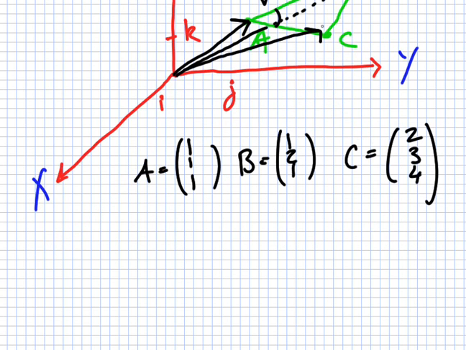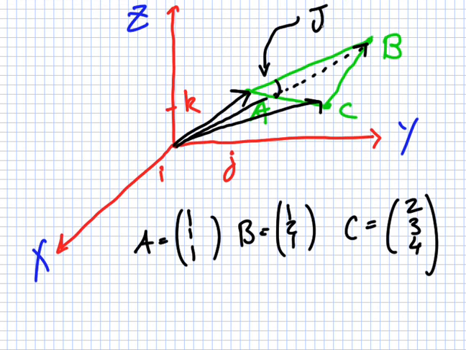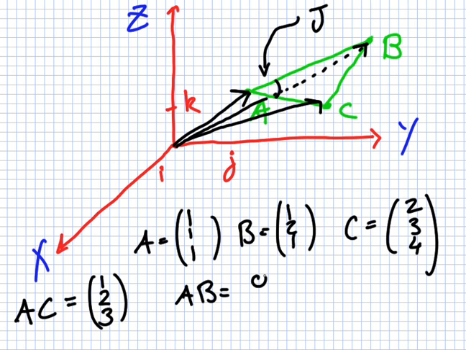Okay, let's have a look at this one here. So first we need AC. AC is C minus A, which would be 1, 2, and 3. And then we need AB, which is B minus A, which would be 0, 1, 0.